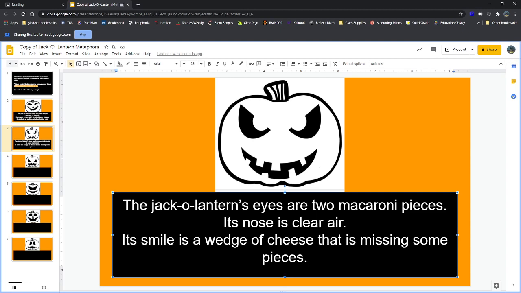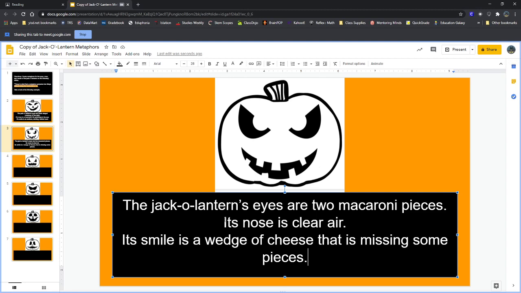Now I do have to be careful with metaphors like that because a pumpkin and an apple are kind of close. They're not exactly the same, so it would still work. But I want to make sure that when I make a metaphor, I don't choose two things that are too much alike. So like if I said the dog is a puppy, that's not a metaphor because dogs and puppies are very similar, right? The only difference is that dogs are a little older. But that would still work because an apple and a pumpkin are a little different.